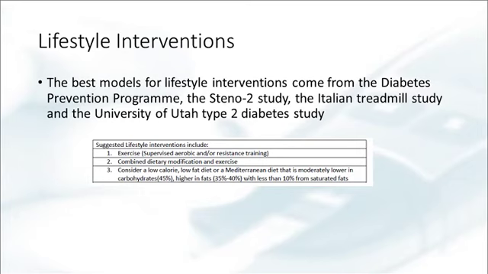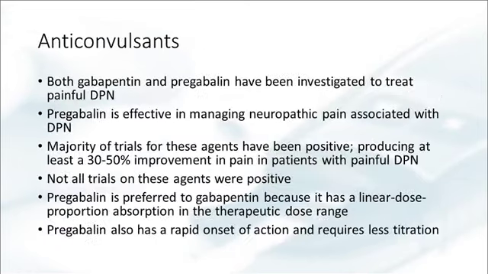Combined dietary modification and exercise is equally important, and considering a low calorie, low fiber or Mediterranean diet that is moderately lower in carbohydrates, about 45%, higher in good fats, 30 to 45%, with less than 10% coming from saturated fats, will in some way reduce the risk of diabetic peripheral neuropathy and diabetic neuropathy in general.